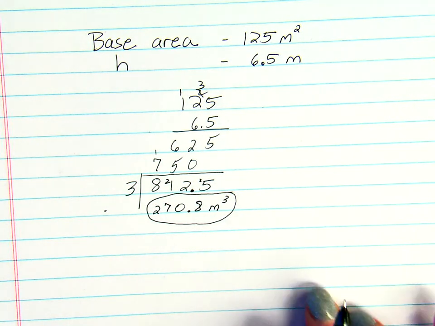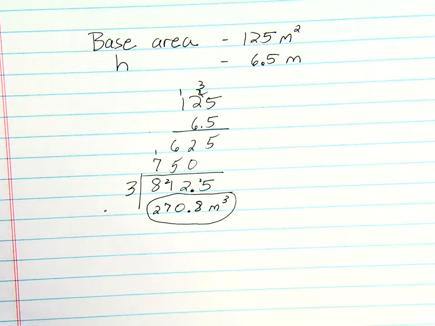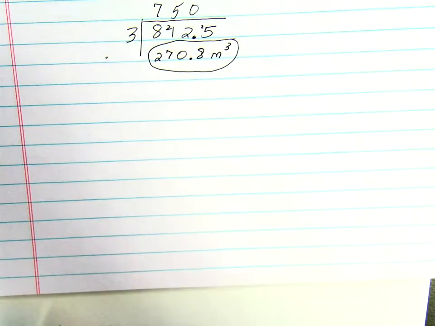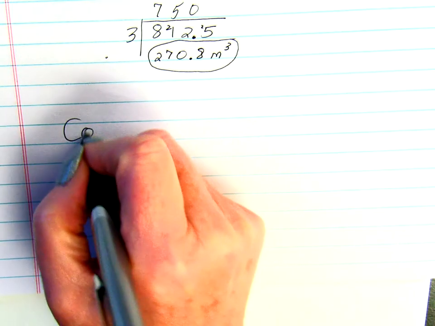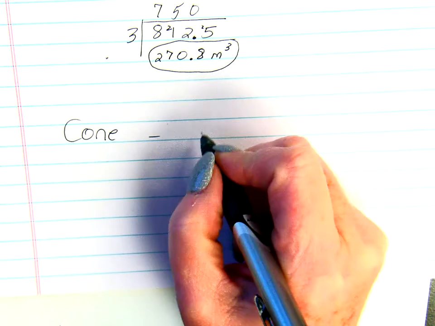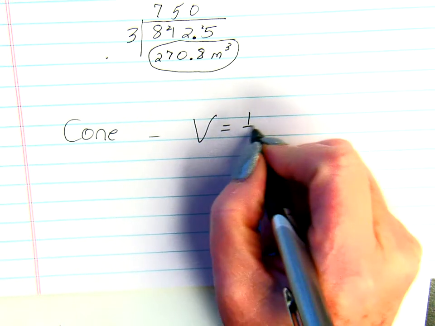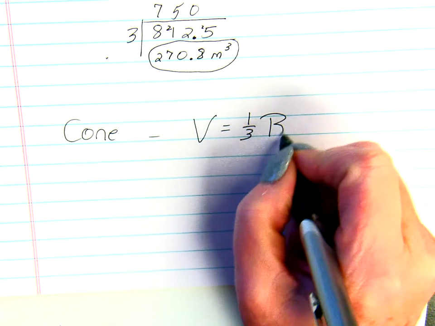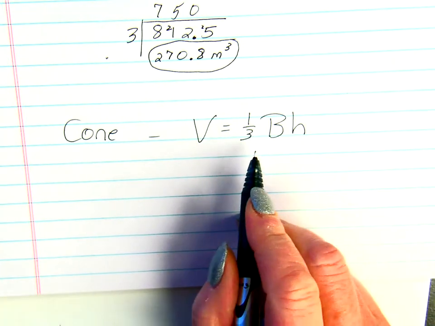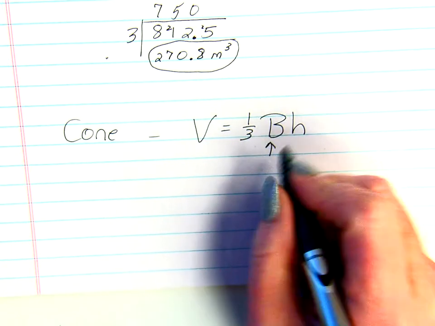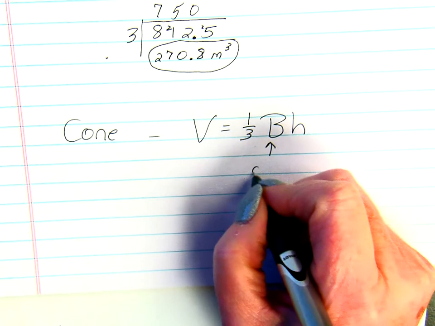Now, the interesting thing about the cone, and we'll just go down here to the cone, is that the formula for the volume is exactly the same. 1/3 big B H. Now, in this case, your base is always a circle.